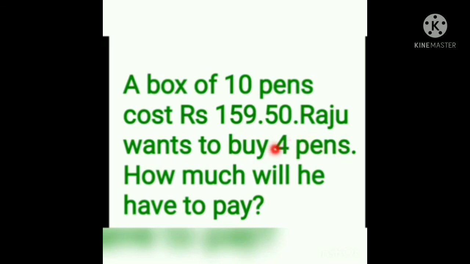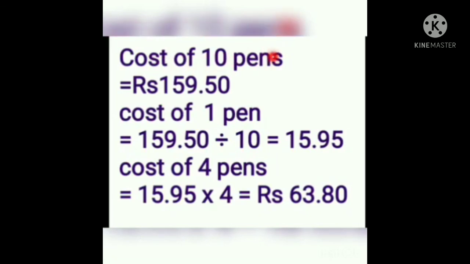In order to find out the cost of these 4 pens, first we need to find out the cost of 1 pen. That is not given here, isn't it? So by applying the unitary method, the cost of 10 pens is given as 159 rupees 50 paisa. So how will you find the cost of 1 pen? Unitary method, that is 159.50 divided by 10. Now in the previous class we discussed decimal number division.